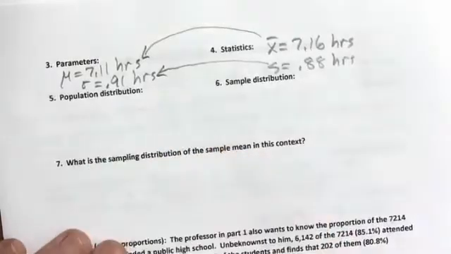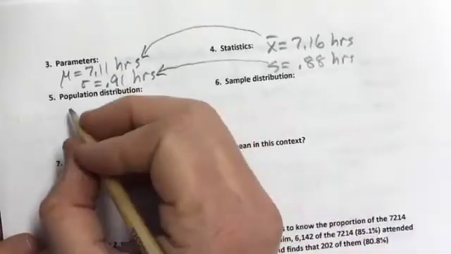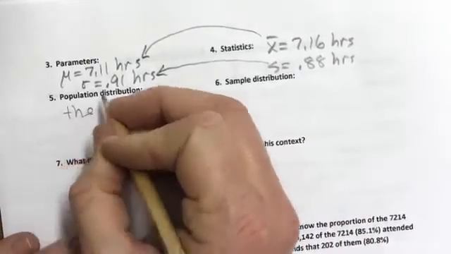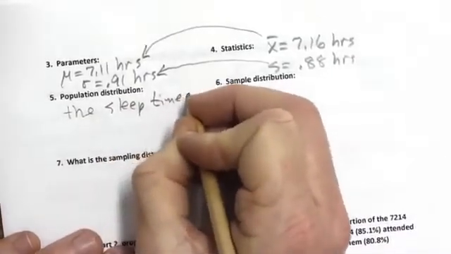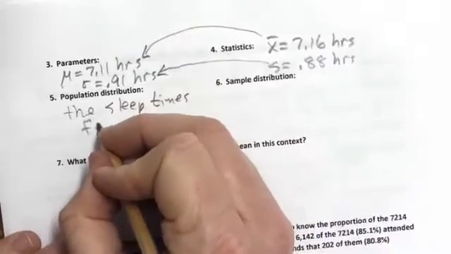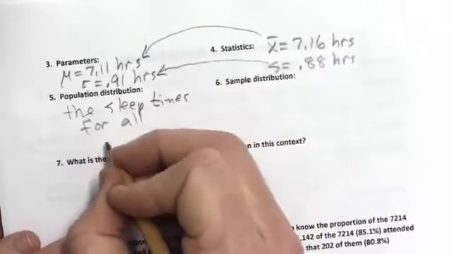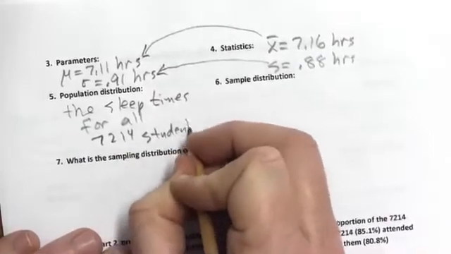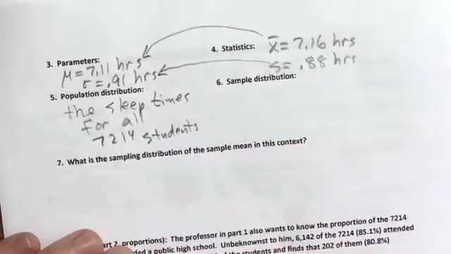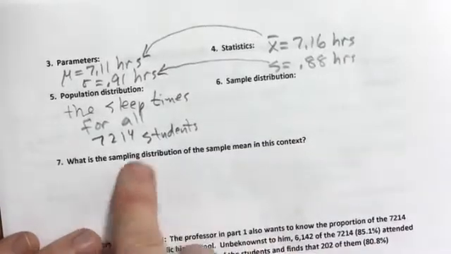What's the population distribution? The population distribution is every value in the population. So it would be the sleep times for all 7,214 students in the whole population. If we looked at all of those, that would be a census. But we're not doing a census, we're doing a sample.